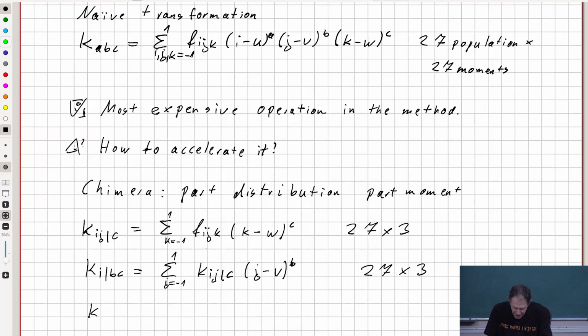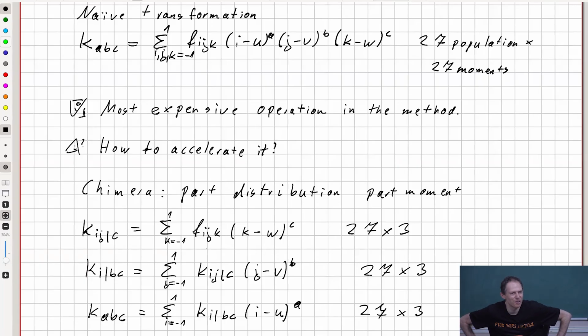And then at last we have k_abc as the sum over i equal to minus 1 to 1 of k_ibc times (i minus u) to the power of a, 27 times 3. And of course, thinking about this for 10 minutes, you should all come up with this, because this is completely true.